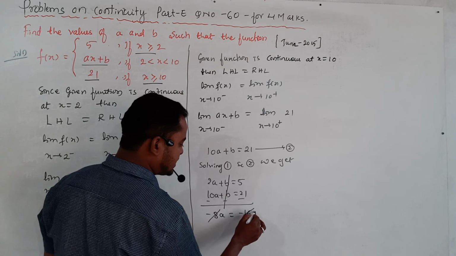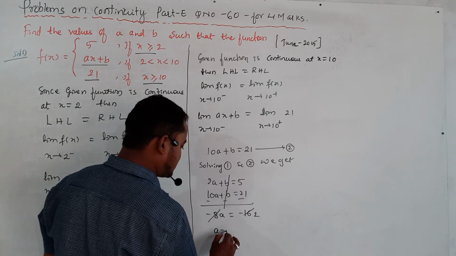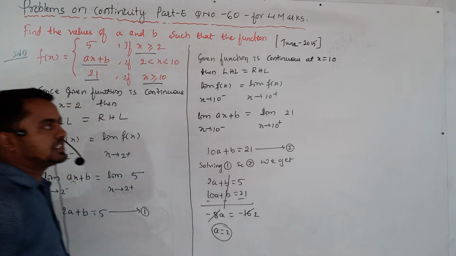So minus 8a is equal to minus 16. Then a is equal to 2.